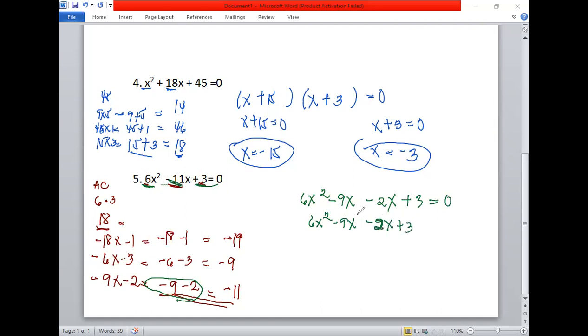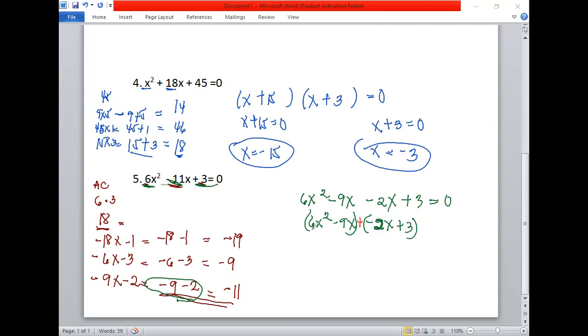Okay, regroup. Lalagyan natin dito ng additional sign sa gitna pala. Okay. So after grouping, we need to find the GCF of these numbers. 6x squared minus 9x, the GCF is 3.